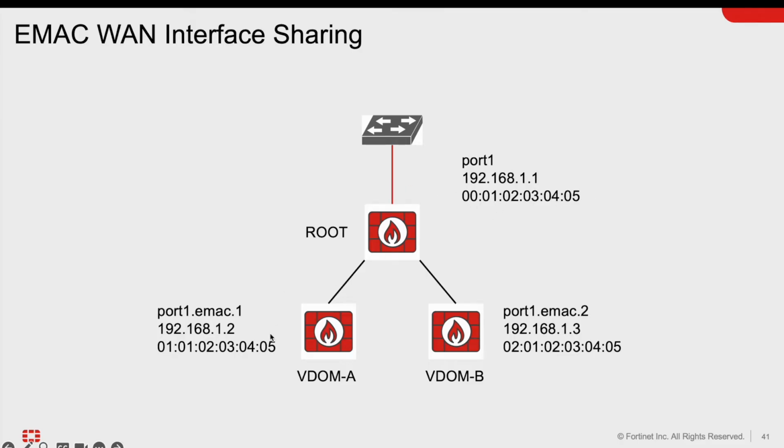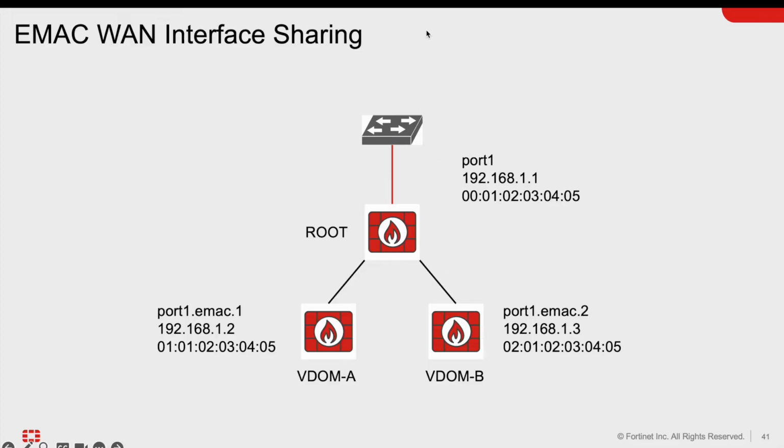So what the enhanced MAC does is it creates a pseudo MAC address for each subtended EMAC link. Obviously these MAC addresses are bogus, I've just made them up for the purposes of the video. But you can see, for example, this one starts 00, this one 01, and this one 02. So that clearly differentiates them from each other.